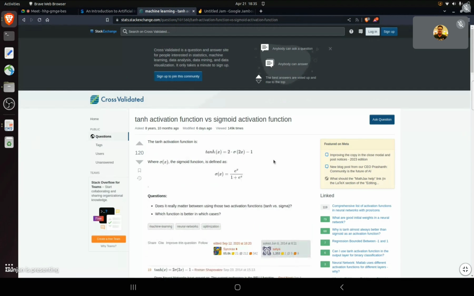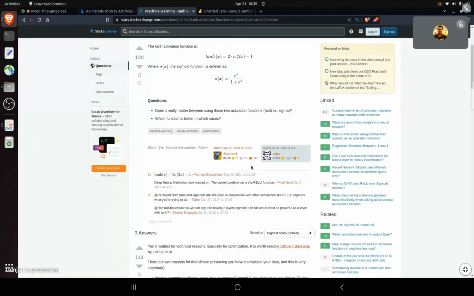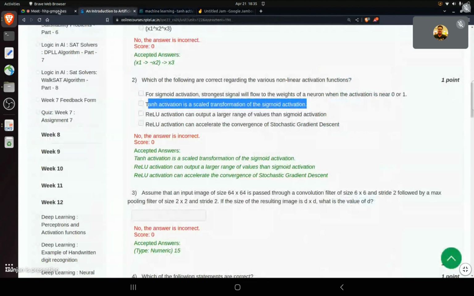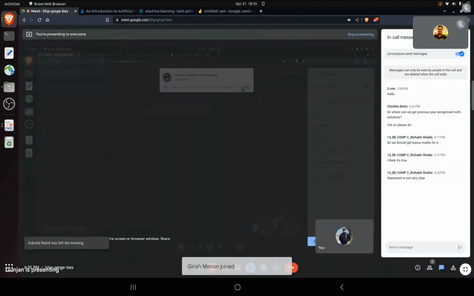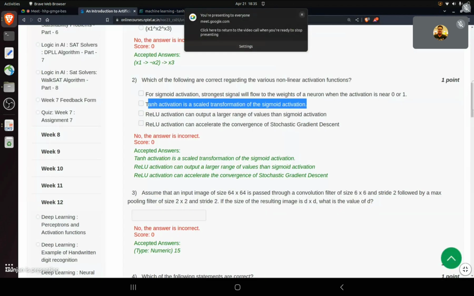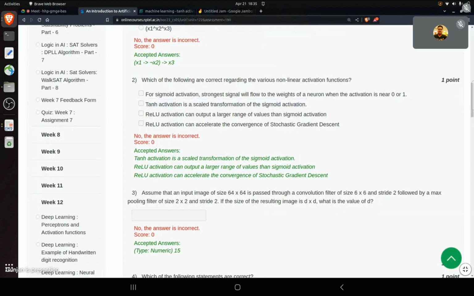It is shifted because of the minus 1, right? So option number two should be wrong. It is scaled and shifted, and the option only says scaled. So I don't like it. But then I got deducted 0.4 marks for that.